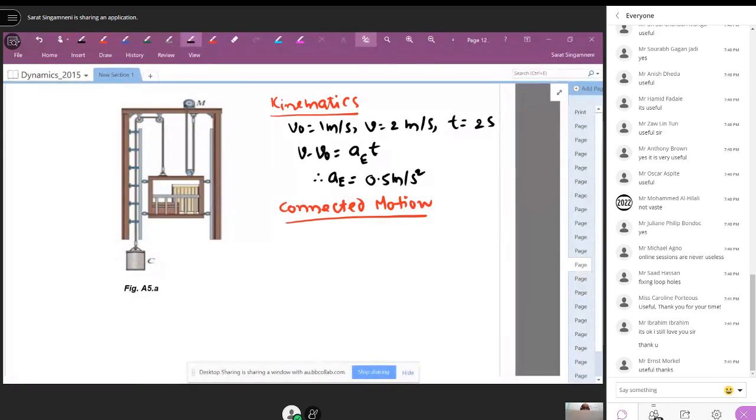In connected motion, there are 2 ropes. Rope 1 is s_E.